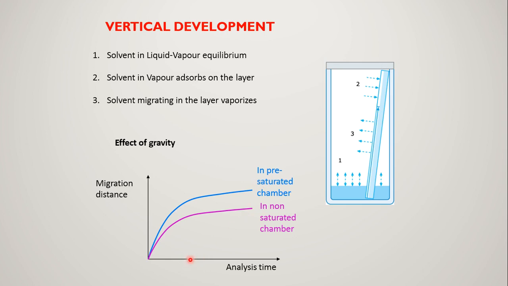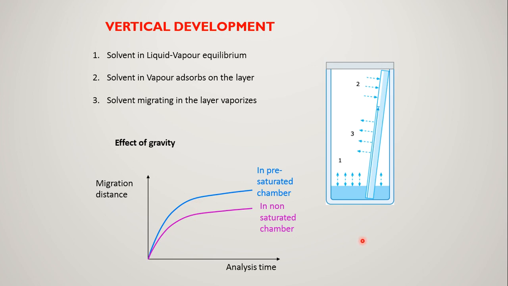So we can observe in this graph that at the same analysis time period, the migration distance is lesser for a non-saturated chamber than for a pre-saturated chamber.